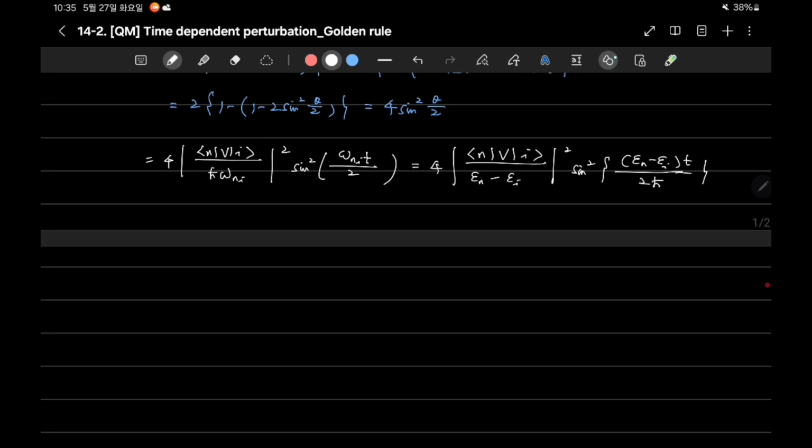This transition probability, plotted against epsilon n, makes an oscillation like this.